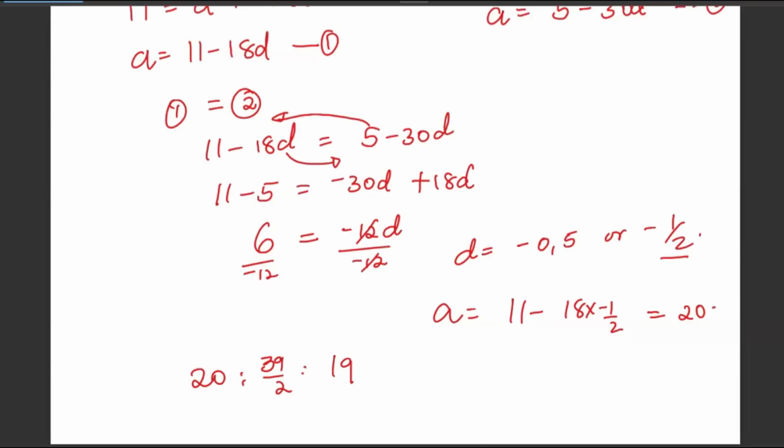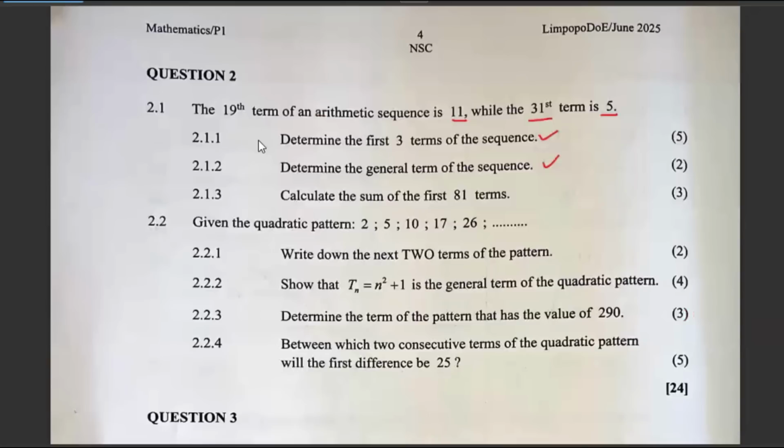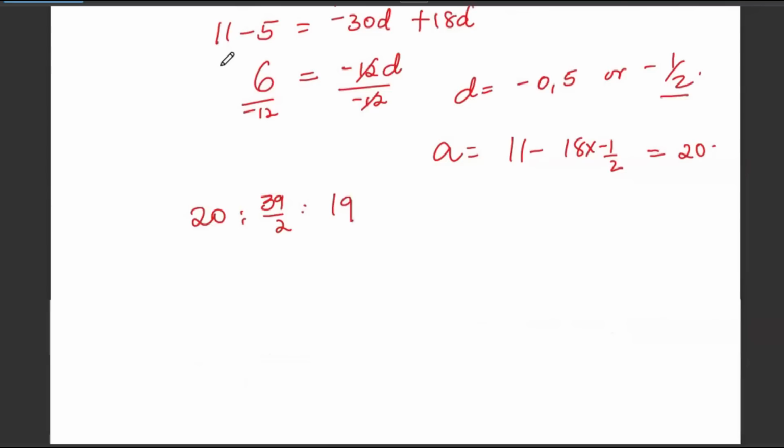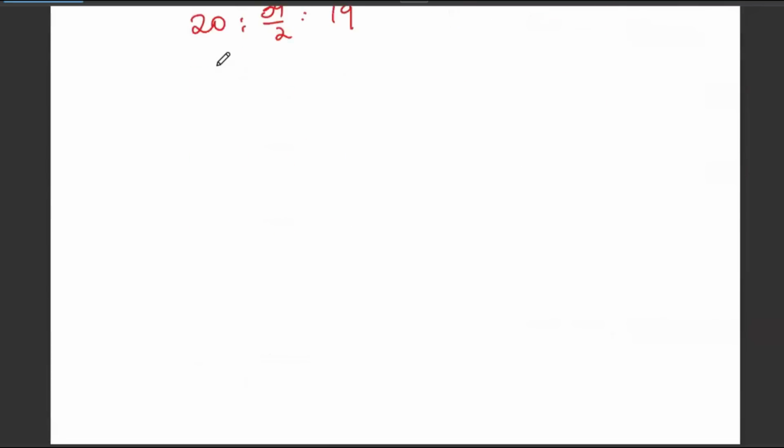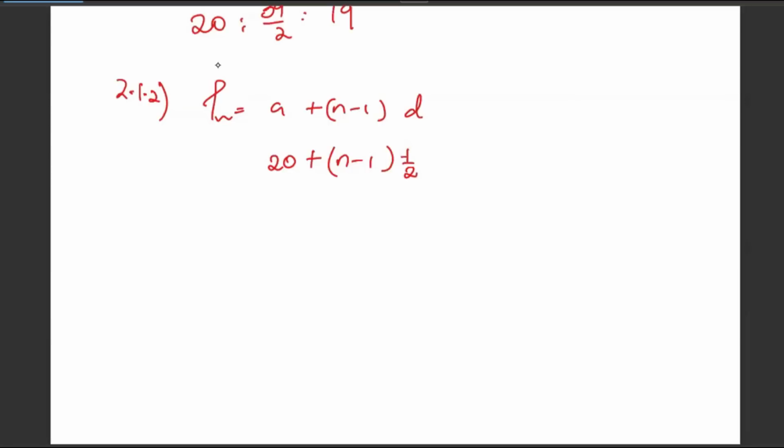All right, so that is 2.1.1. Then they want us to get the general term for 2.1.2. So we know that Tn is a plus n minus 1 into d. We said our a was 20, n minus 1 into, we said this was a half, but negative.